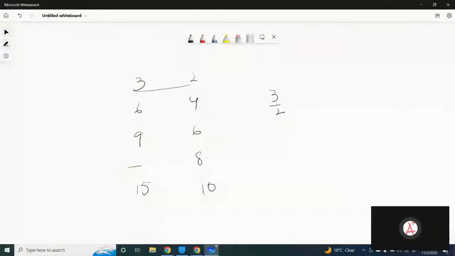So here you have 8. So 3 times what number is 8? You have to multiply and divide it by 4. 2 times 4 makes 8. So 3 times 4 is 12. That means the missing number is 12. Got it?